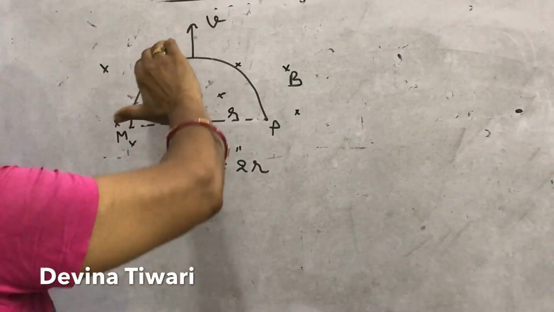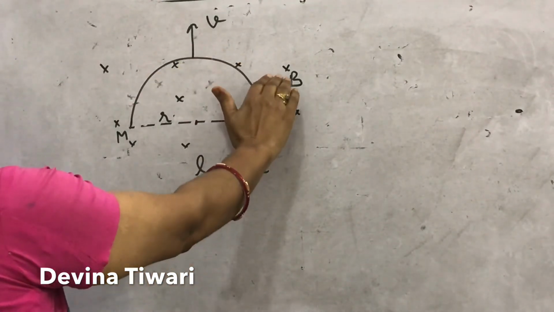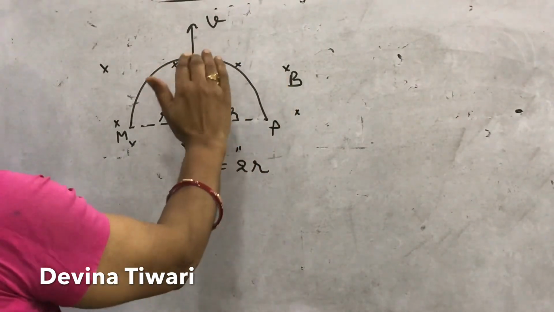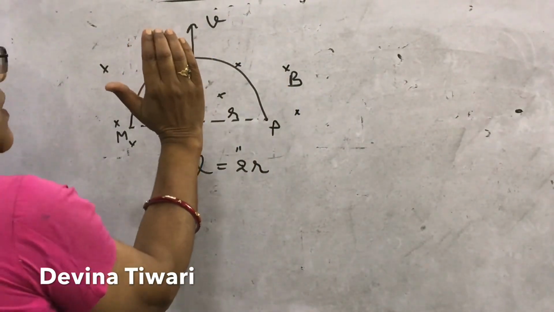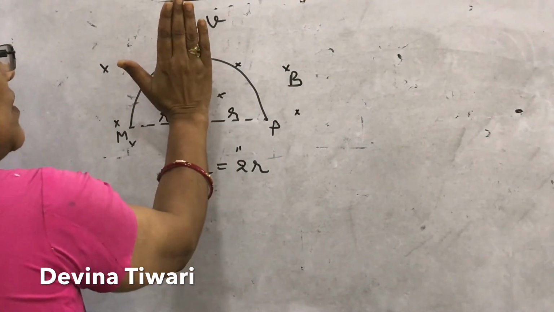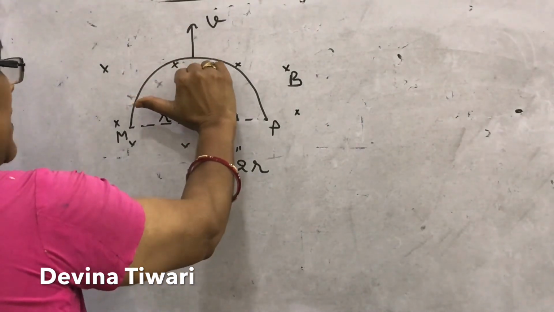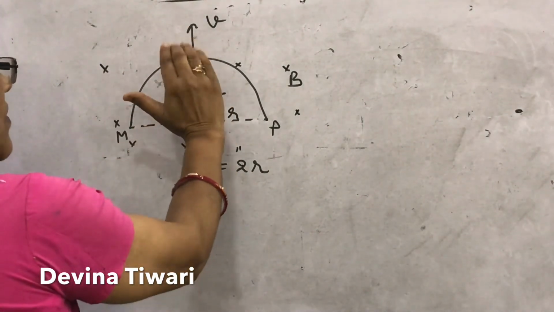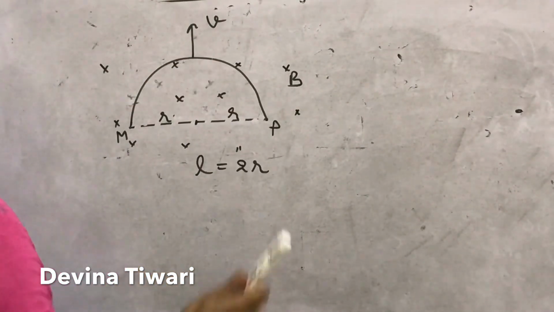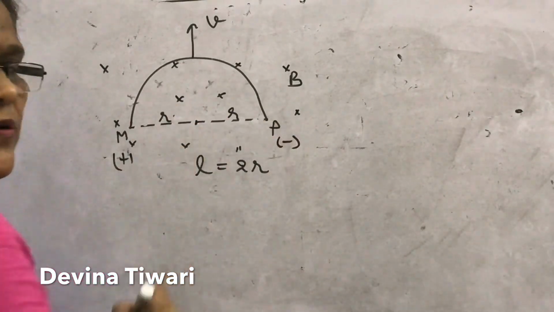Look, the velocity vector and the magnetic field are downward. So look at my fingers from upward to downward, the magnetic field is inward. Where is the thumb? Towards the end M. So the M end will be positive and the P end will be negative.